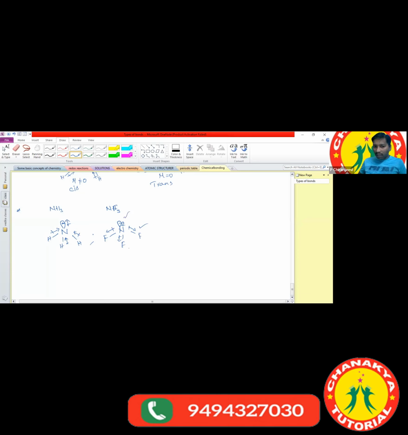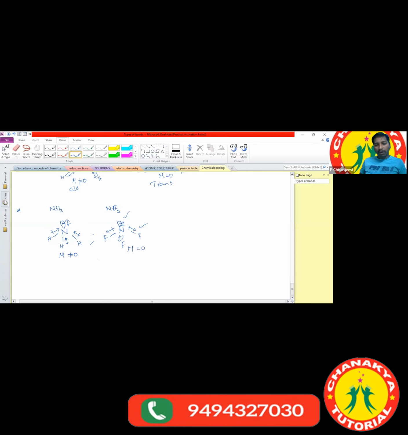So both directions being opposite means mu is equal to 0. But in this one, the vector quantity is present in the same direction, which means mu is not equal to 0.